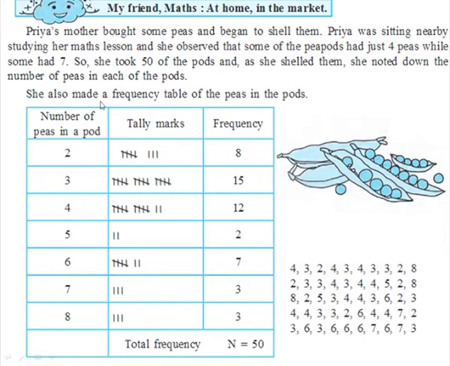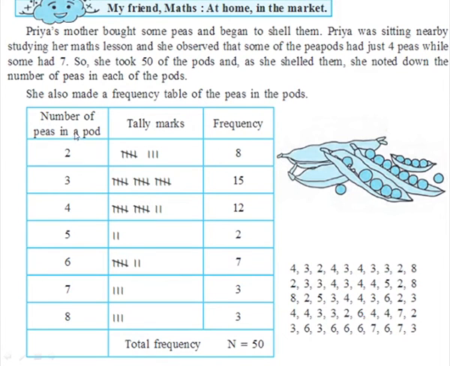Now here, if you look at the number of peas in the pod, she has noted here like this. She started shelling the peas and she started counting them. Then she made the data and she has written here like this. How many pods has she shelled? She has shelled 50 pods.